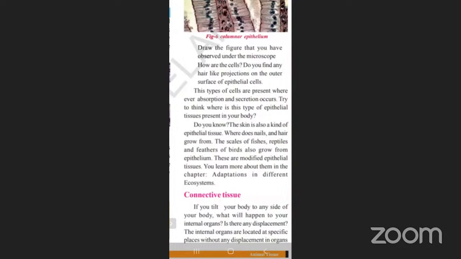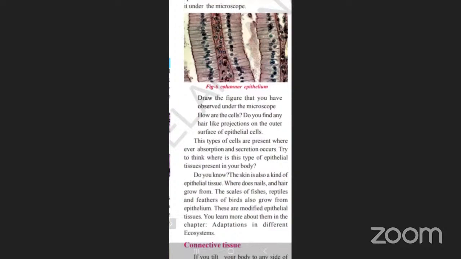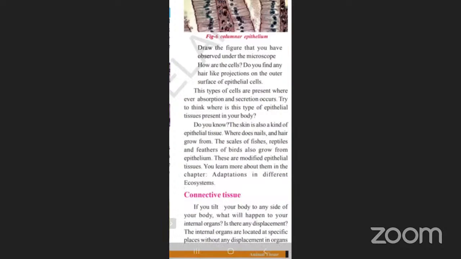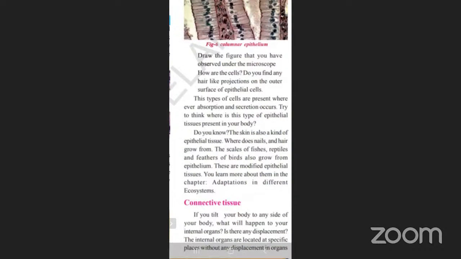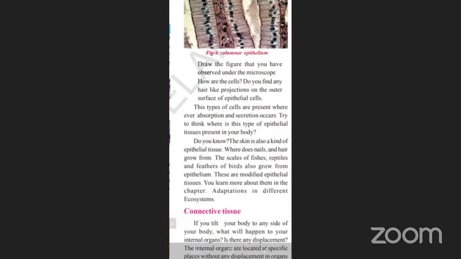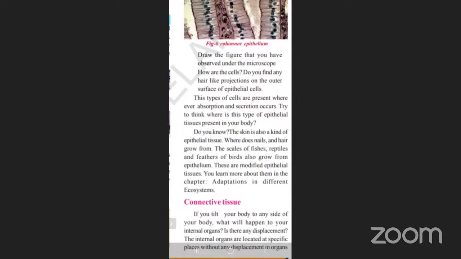You will learn more about them in the chapter Adaptations in Different Ecosystems. I will tell you a little idea about this adaptation. See, children, for example, you can observe desert plants. Where a water source is available, we can expect large trees with big leaves, because there is a source of water to take up and use in transportation.